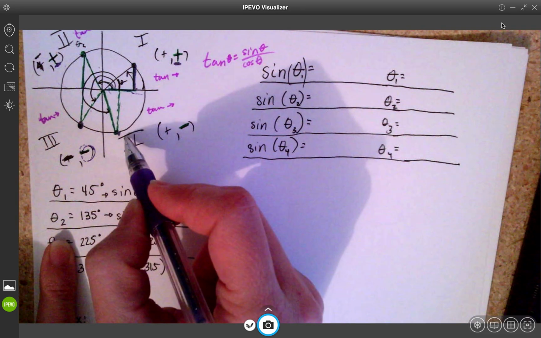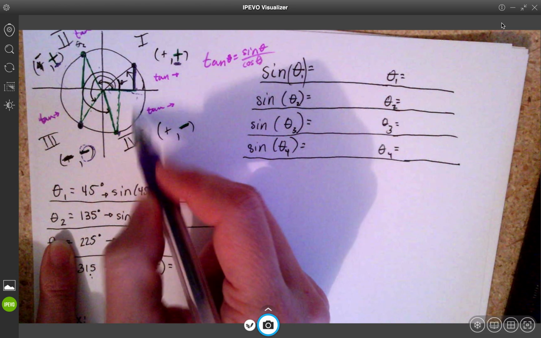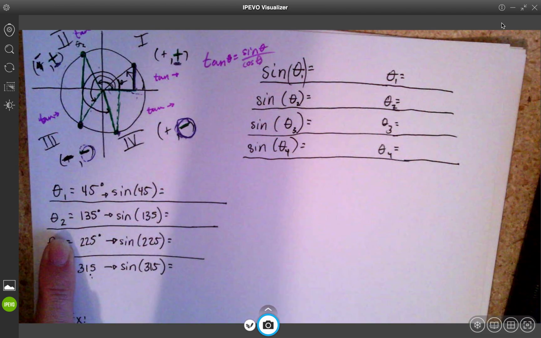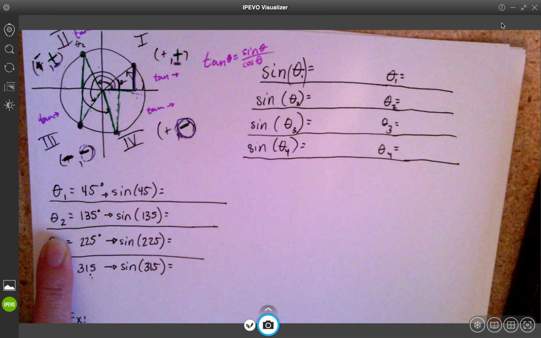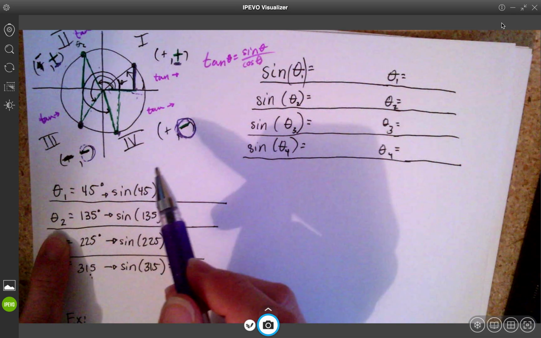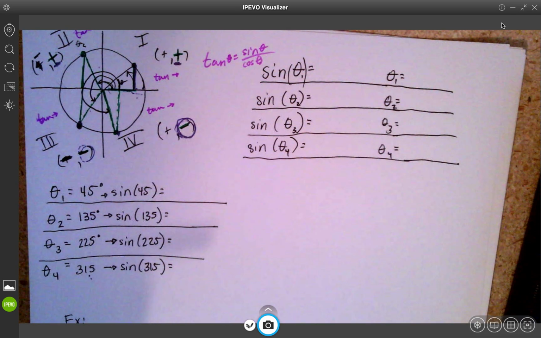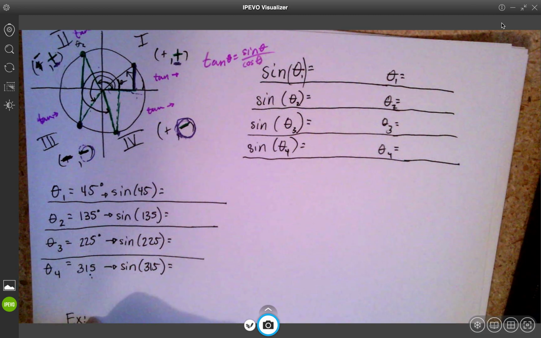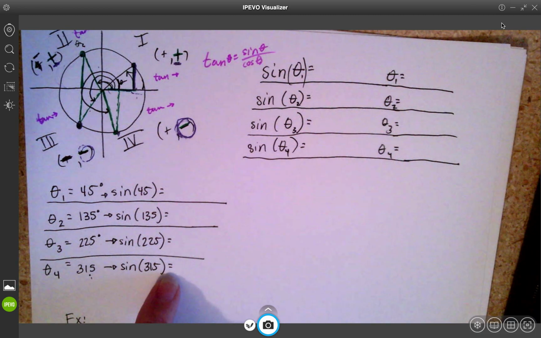And here, because we're below the x-axis, the y's are once more going to be negative. So we're always going to be thinking about that when dealing with the unit circle. Now, if I have something like these down here where we know what this is, let's figure out what the ratio for these angles is.